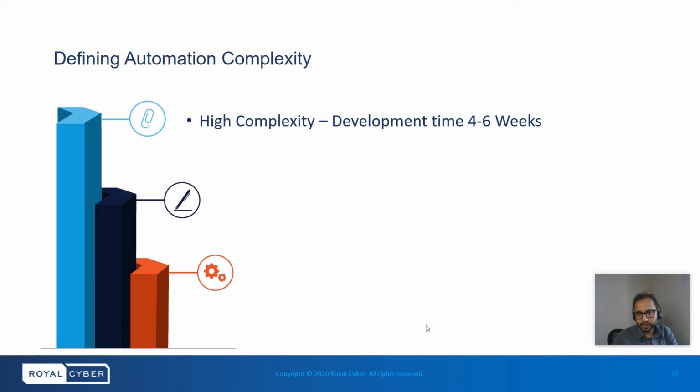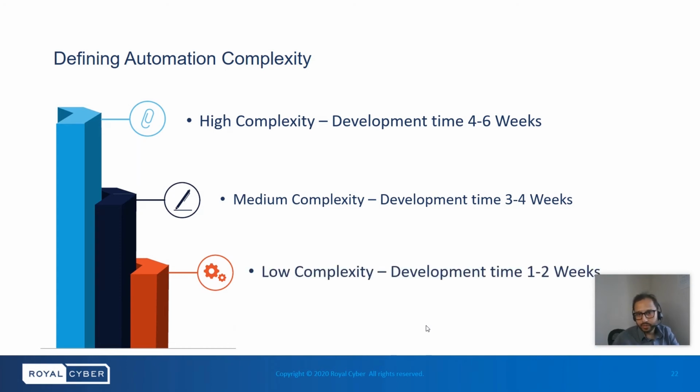It may require more development time, maybe 4 to 6 weeks. A process with medium complexity could be one that requires the transfer of data between applications, or one that involves SAP or applications running in a Citrix environment. It takes around 3 to 4 weeks of development.